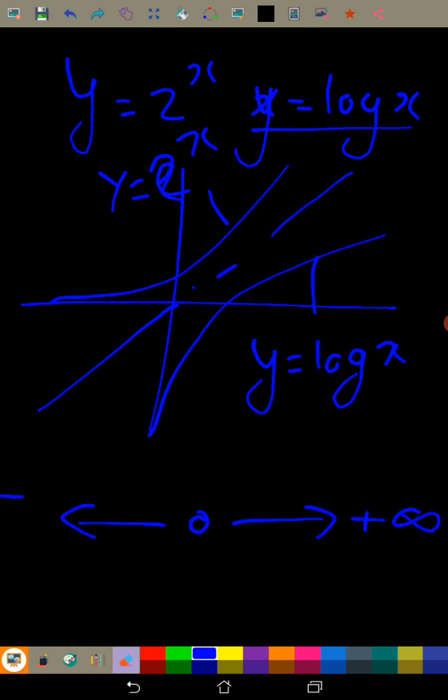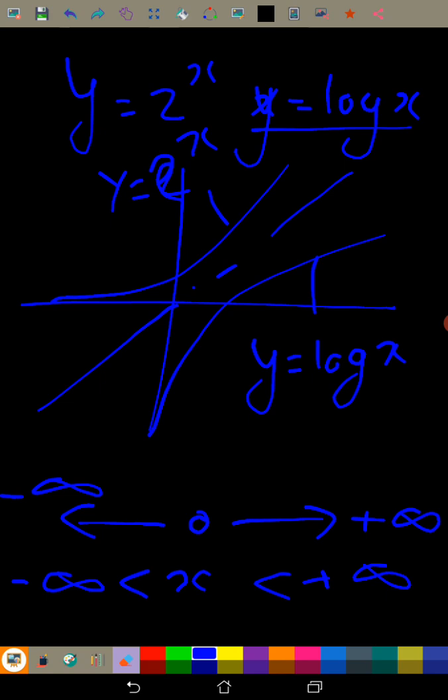And the range is greater than this and less than this, if I'm not mistaken. You can also write it like that, and it looks something like this to define this range.